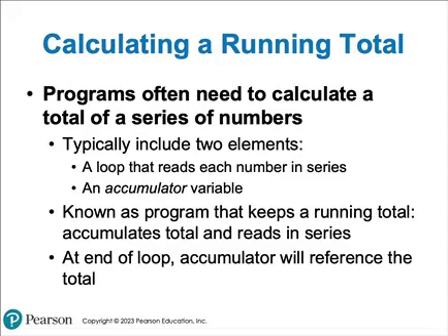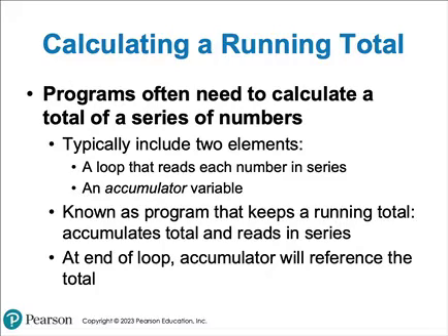As far as running totals, this is a really common thing to do. Basically, you have a loop that's going to read a series of numbers, and then you have an accumulator or a running total variable, and then at the end of the loop you have the total, and you will do something with that. So this might be information that's handy in your Programming 3 assignment that will be given to you soon.